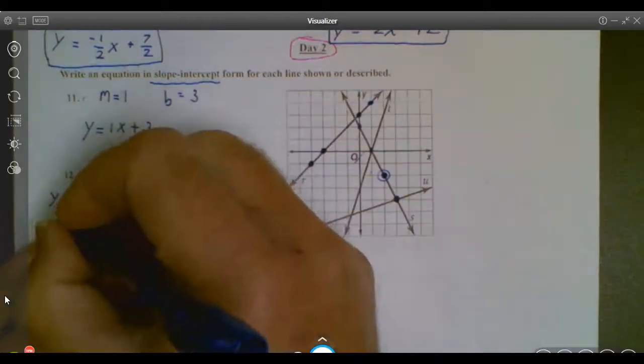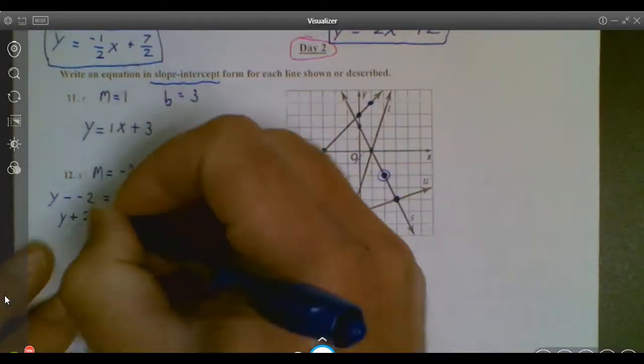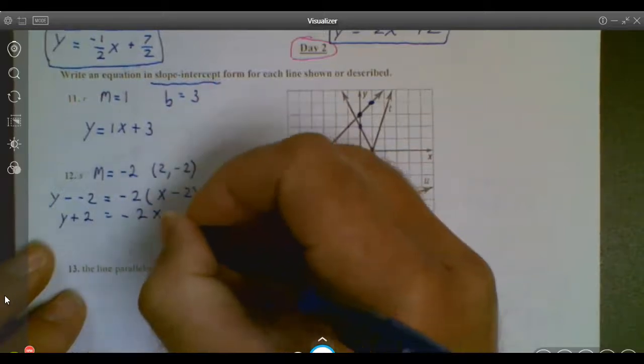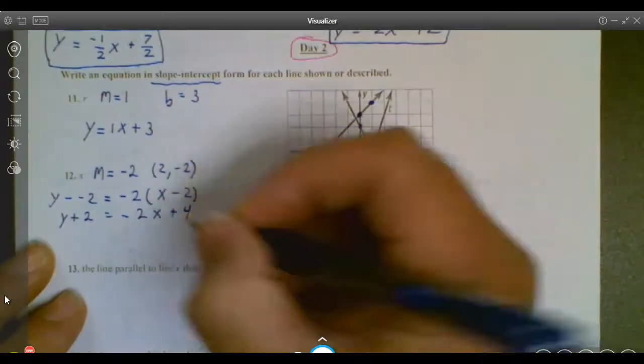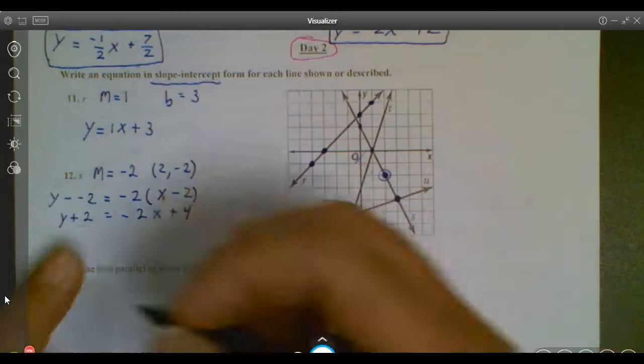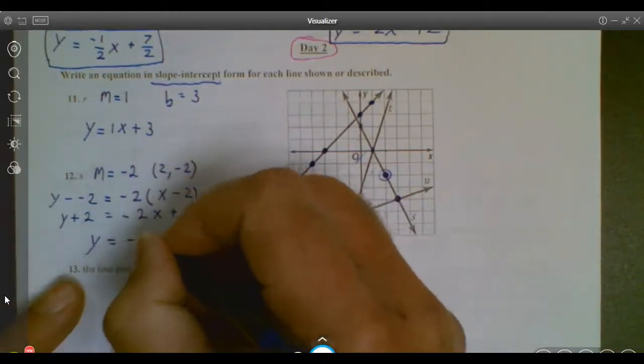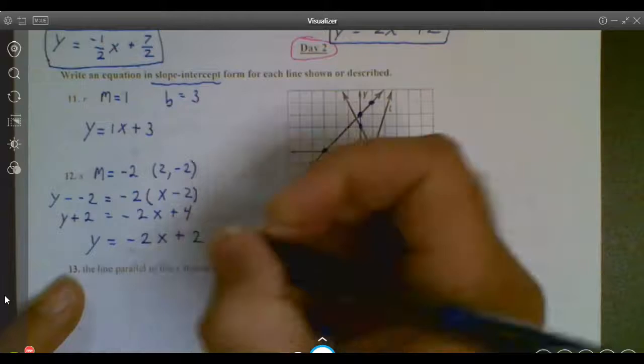So let me do a little cleanup on that. Do a little distribution over here. And subtract my 2 from both sides. And I get this guy.